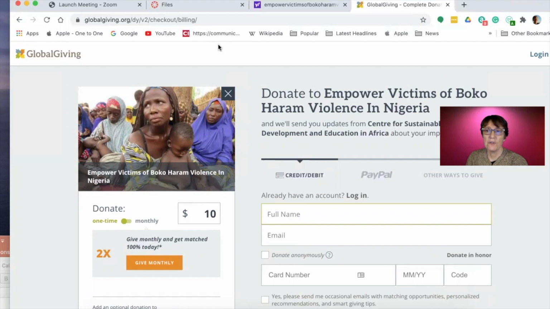The person who is the executive director of the CSDEA is the one who actually brainstormed this idea and got this project off the ground and recruited a lot of people to help. He speaks at the UN about 3 or 4 times a year, but because of COVID, he can't travel. Nobody can travel.